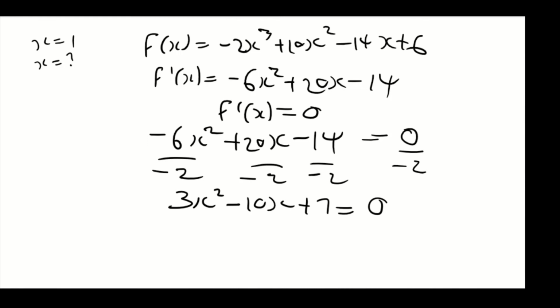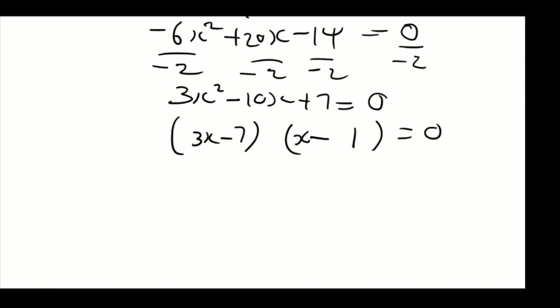And then we're going to find the factors of this. So it's going to be 3x and x, then 1 and 7, negative and negative, to give us the middle term. So it's going to be 3x minus 7 equals 0, or x minus 1 equals 0. So we transpose the minus 7 to the other side.